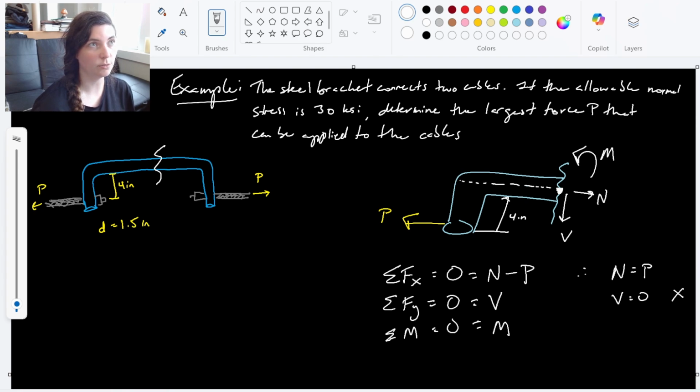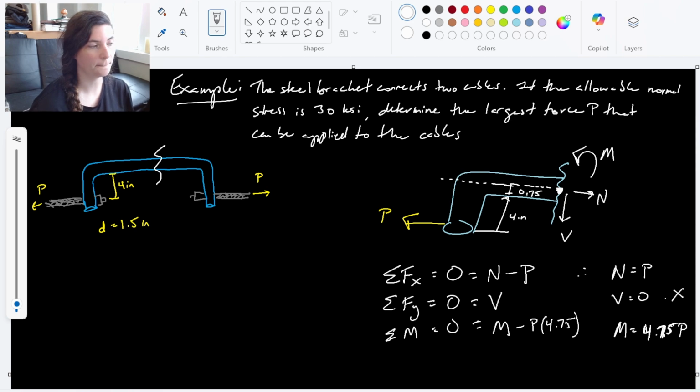If I cut right through the middle, because we know that's where the max stress occurs, that's 0.75 inches, half of 1.5 inches. So it'll be the moment minus P times 4.75, that 4-inch distance plus the distance to the centroidal axis. So we have a bending moment of 4.75 P.